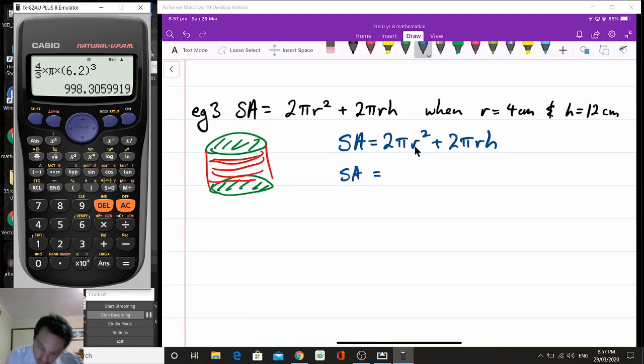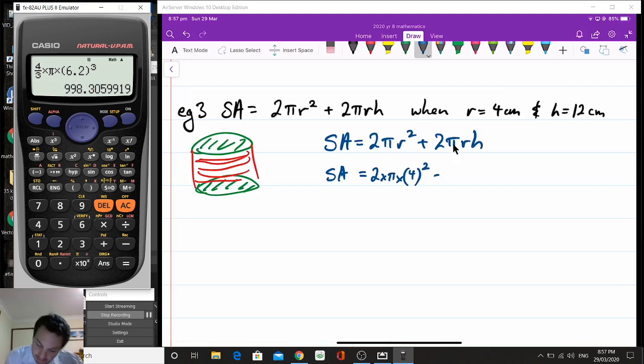So r is 4, 2 times pi times 4 squared, plus 2 times pi times 4 times 12. Okay, see what I substitute in? I write them in brackets. So I've replaced the r with 4, I've replaced that r with 4, and I've replaced that h with 12.